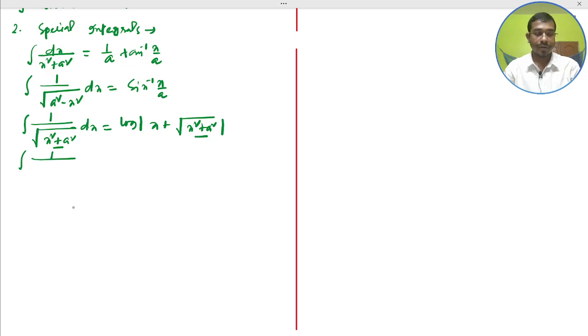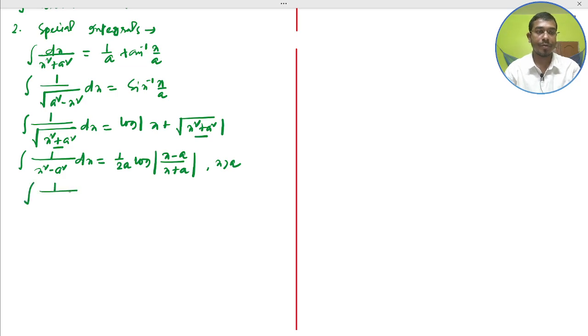Next, 1 by x square minus a square dx. That would be what? This formula is very important. 1 by 2a log mod x minus a divided by x plus a, and the condition is when x is greater than a.